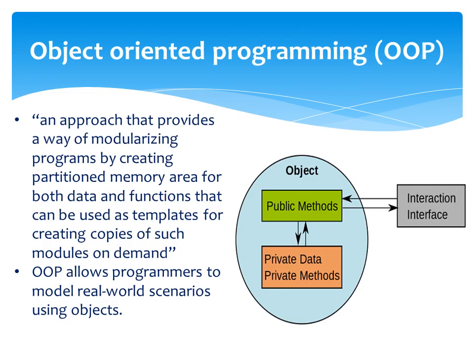Object-oriented programming is an approach that provides a way of modularizing a program by creating partitioned memory area for both data and functions that can be used as a template for creating copies of such modules on demand. What does this mean?